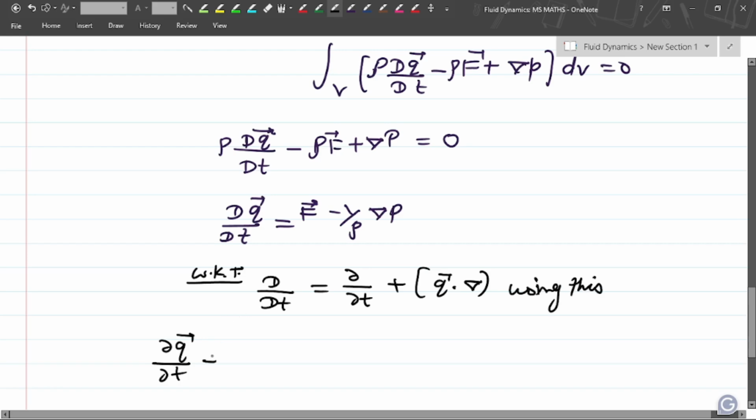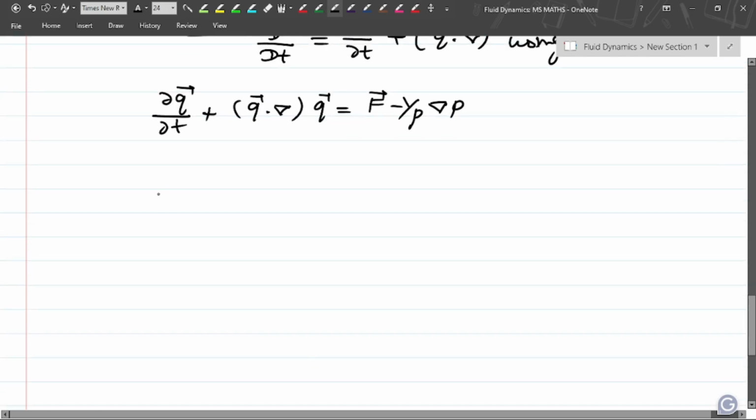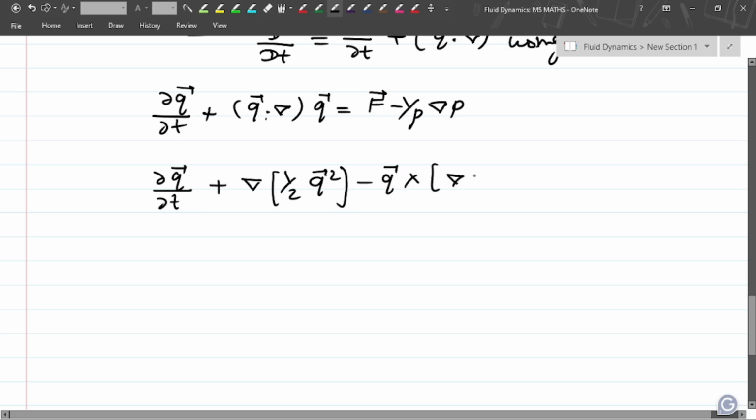We have already discussed in our previous video that q vector into del q vector is equal to the gradient of 1 by 2 q vector whole square minus q vector cross del cross q vector, that is curl.